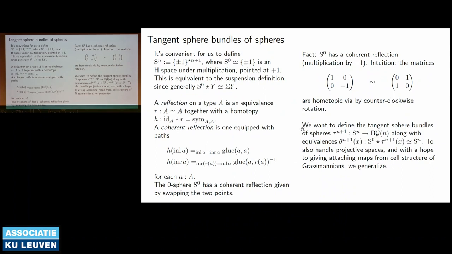Okay. So what we want to do is define these tangent sphere bundles. Since Sn is an n+1 fold join power, I'm calling this tau n+1. That's to be a family of n-1 spheres, together with some equivalences. Let's see, maybe draw this.